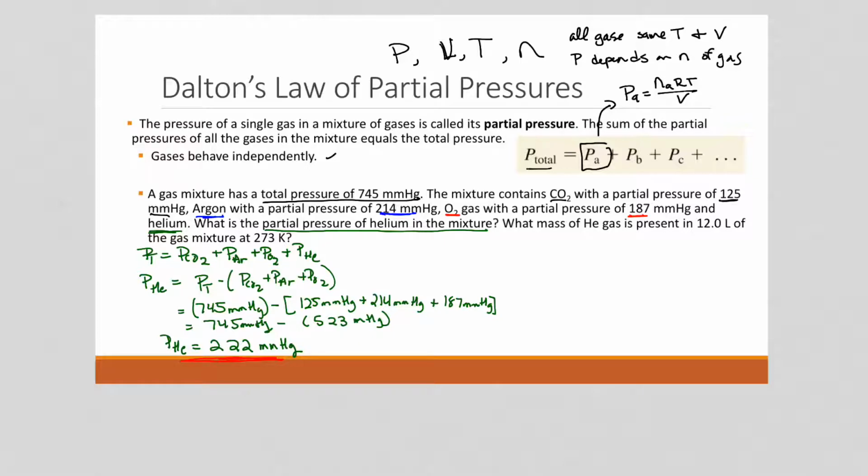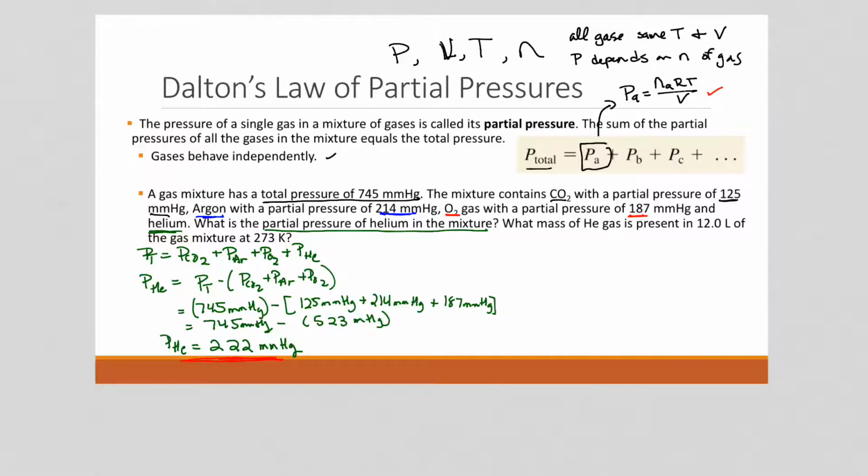And we know how to get mass once we know moles. So oftentimes the approach is to figure out the moles and then we can get grams. And that's exactly what we have to do here. Remembering that we can use the partial pressure to figure out the moles of any particular gas using the ideal gas law.